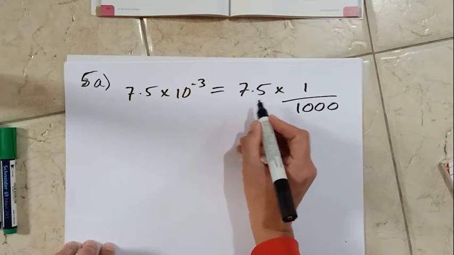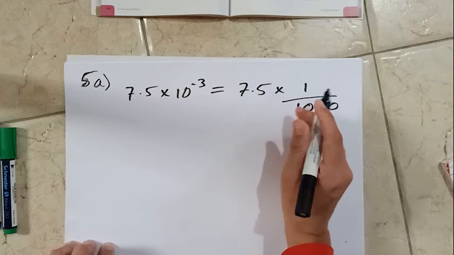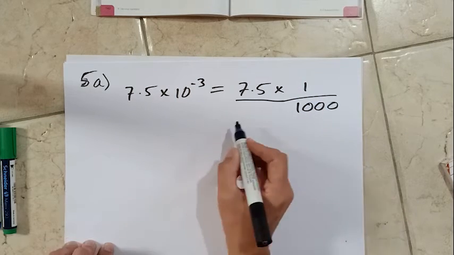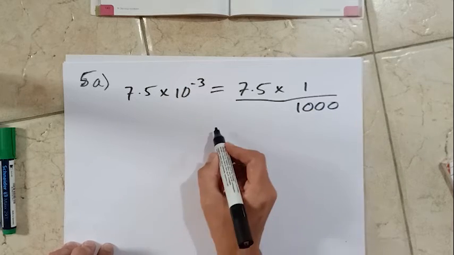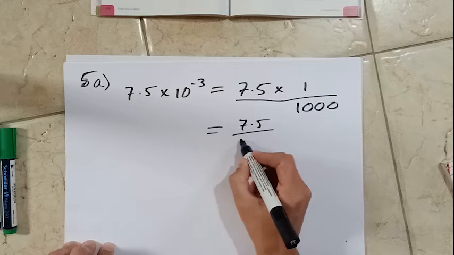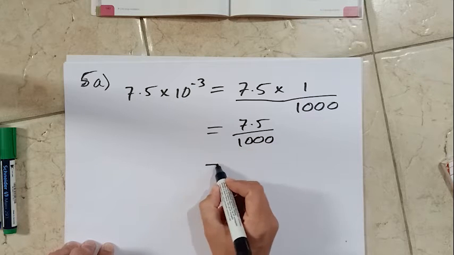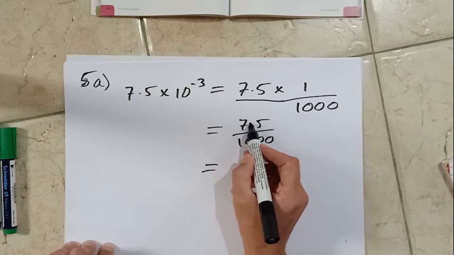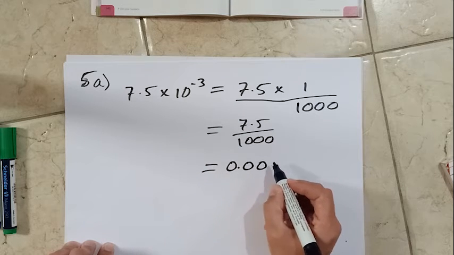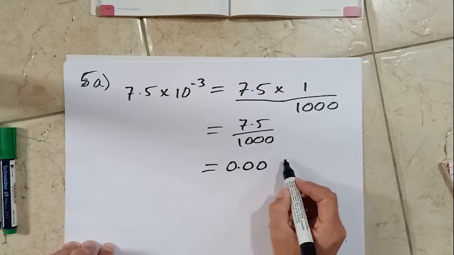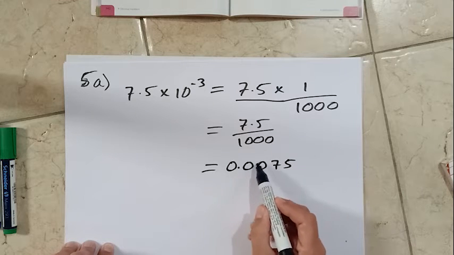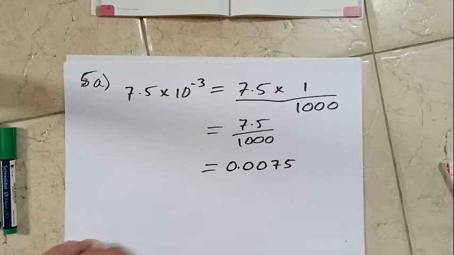And of course, when we multiply by a fraction, we can continue that line there. The 1 doesn't matter, so it's just times by 1. So basically, this is 7.5 over 1,000, equal to 0.0075. Is that right? 1, 2, 3. Yes. Okay, and that's that exercise.